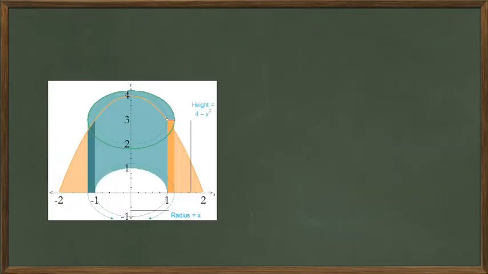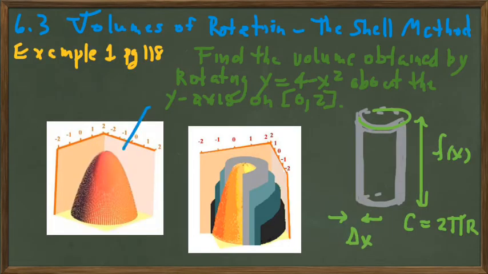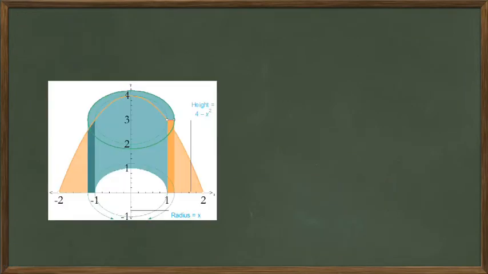What we have pictured here is a cross-section of this region, obtained by revolving the function y equals 4 minus x squared on the interval 0, 2 about the y-axis, so the curve that we're revolving is this curve.